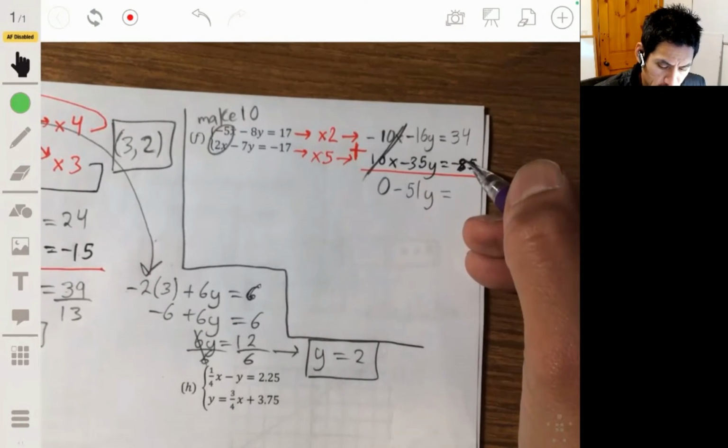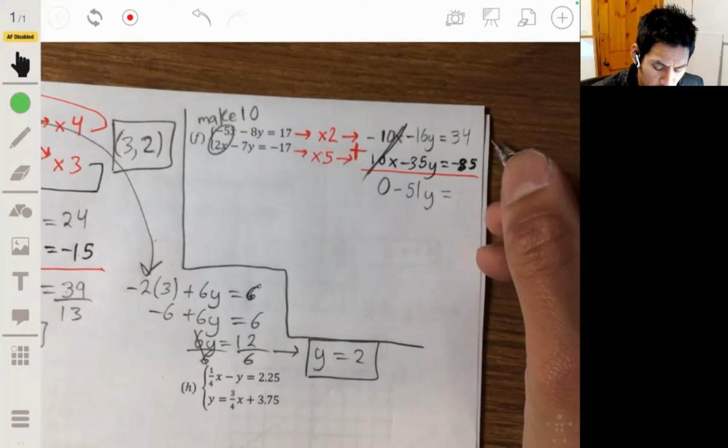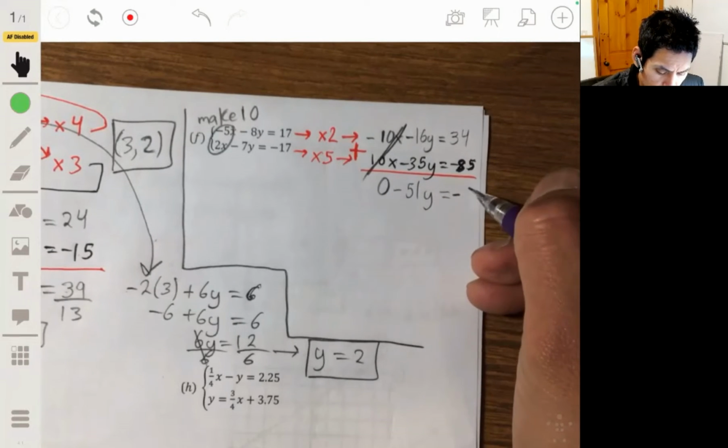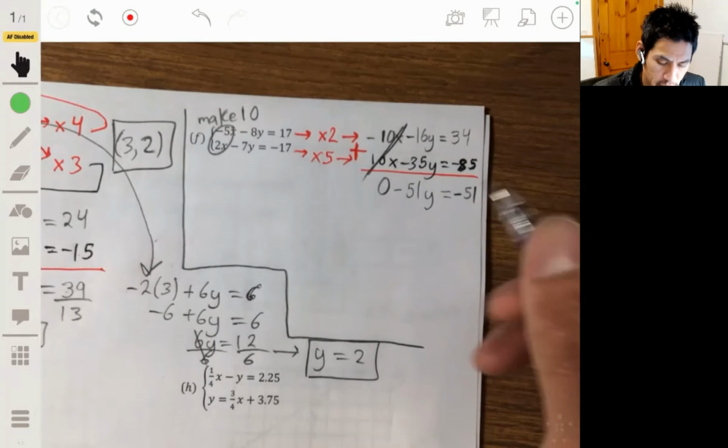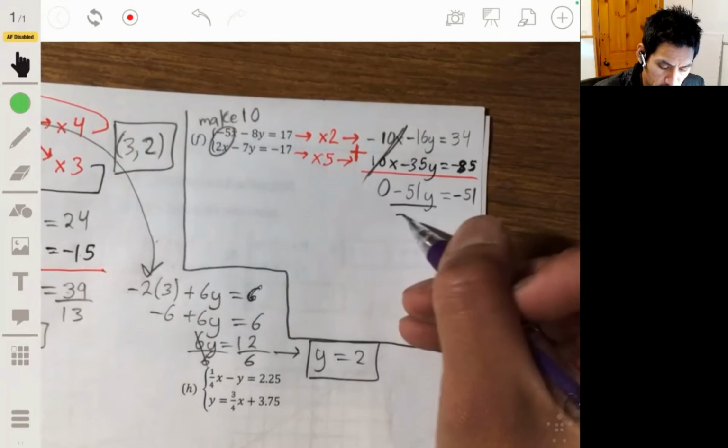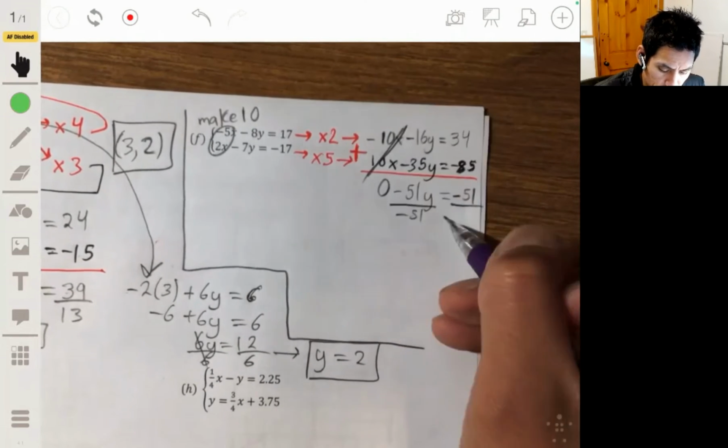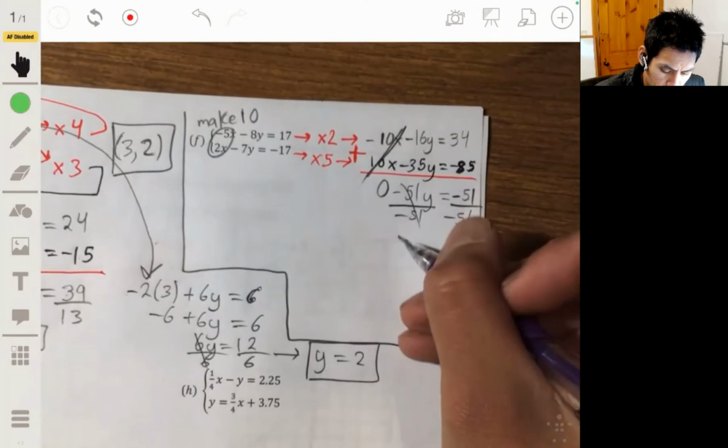And 34 plus a negative 85, that would be negative 51. Oh, nice. So negative 51y equals negative 51. So then y is obviously going to be 1.